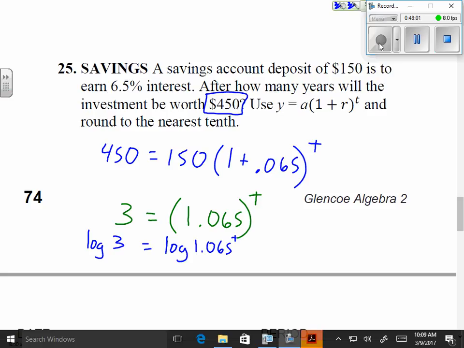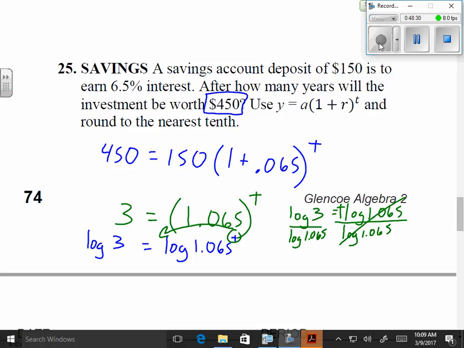The t becomes the coefficient, so I get log of 3 equal to log of 1.065 with t in front. So if I divide both sides by log of 1.065, then I get the value of t equal to log of 3 divided by log of 1.065.